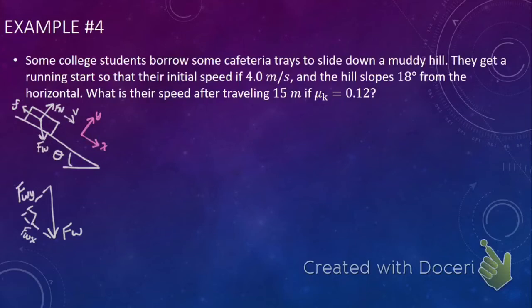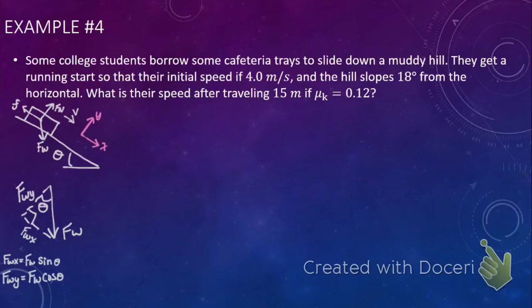By some definitions of geometry, the angle between my y component and my weight itself, which is the hypotenuse of my triangle, is the same angle as my incline, theta. When I do that, I get that Fwx is equal to Fw times sine of theta, and Fwy is equal to Fw cosine of theta.